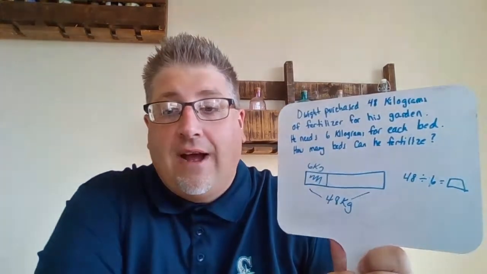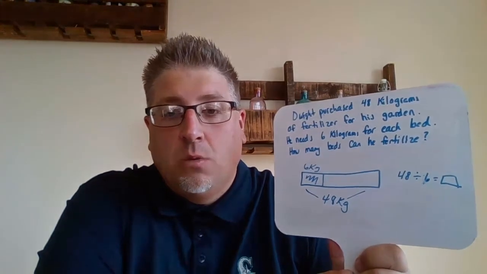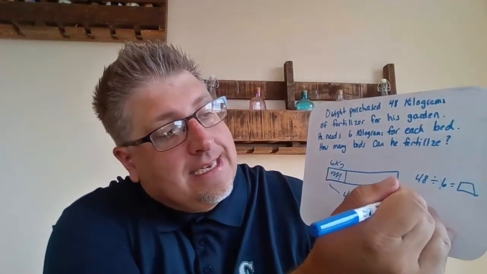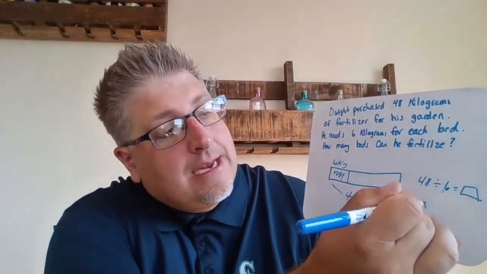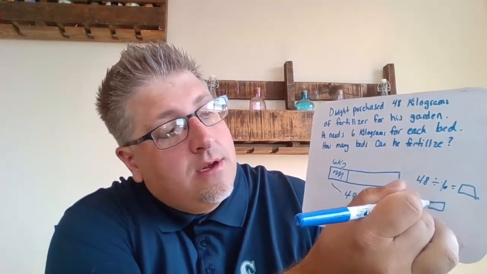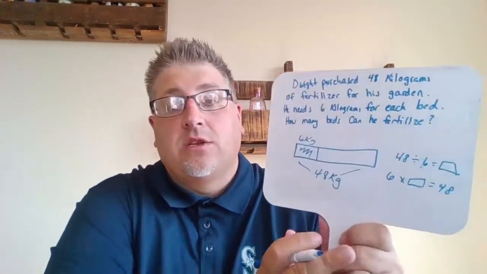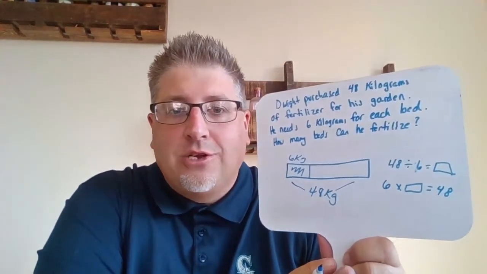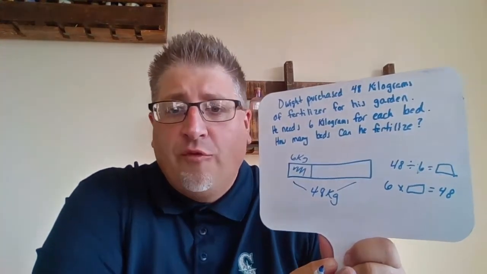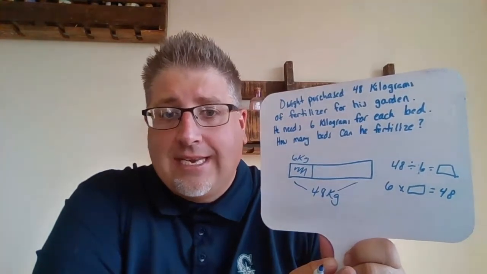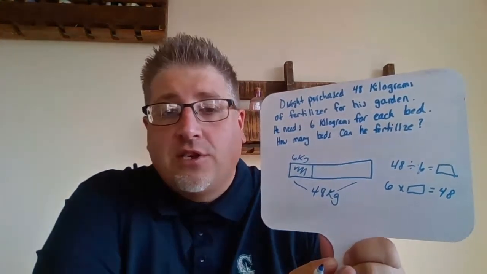So 48 divided by 6 will give us our answer. Or I could flip it, and I could say 6 times something will give us 48. So see how I broke that down? I broke that down into two number sentences there. 48 divided by 6 gives us our answer, or 6 times something will give us our answer.